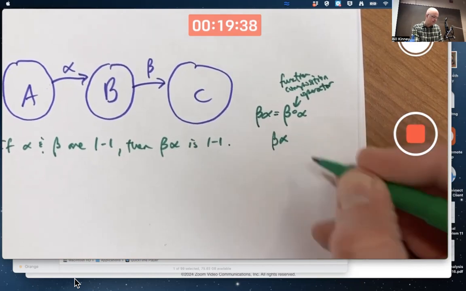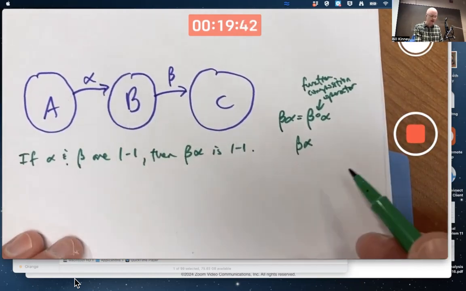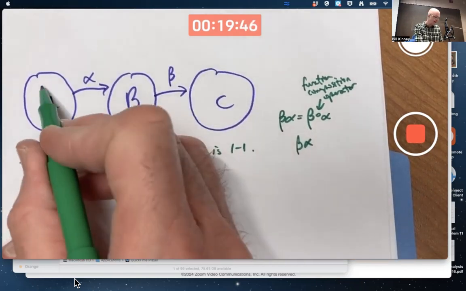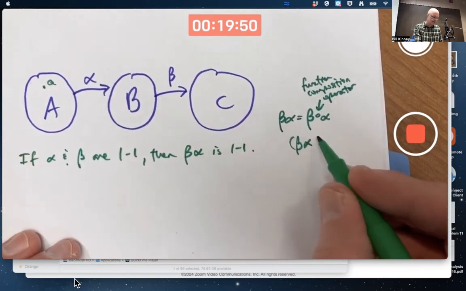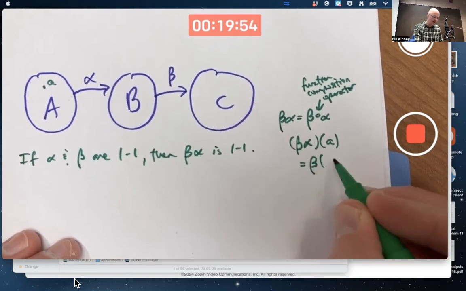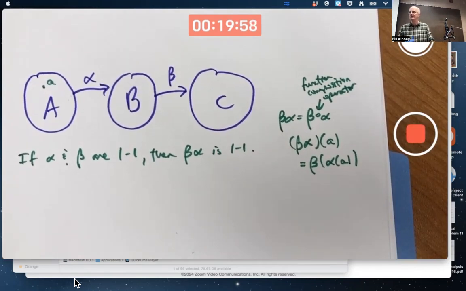Beta alpha is where you apply alpha first, then beta. You work from right to left in this symbol. Beta alpha applied to some arbitrary element of capital A, call it little a, by definition is beta of alpha of a. It's like in calculus when you need to apply the chain rule to differentiate.